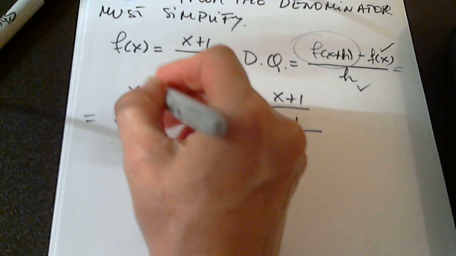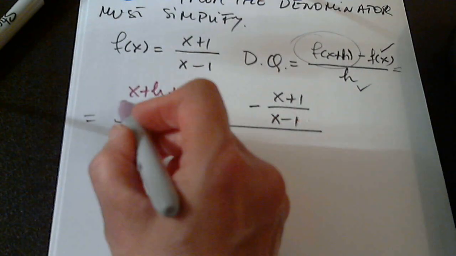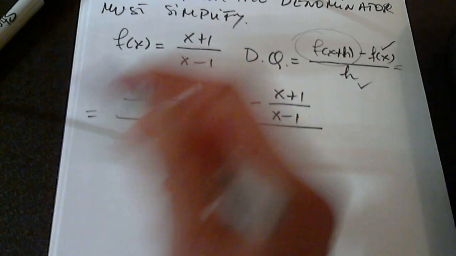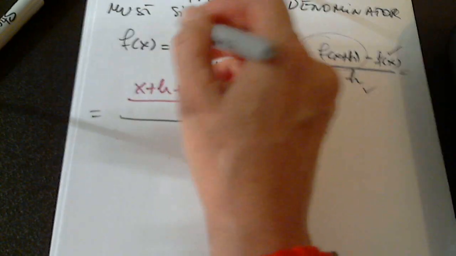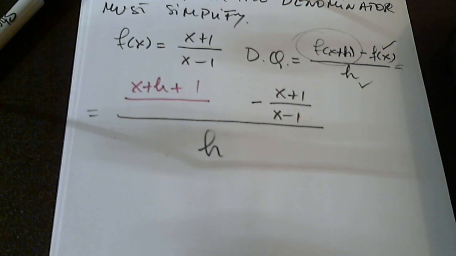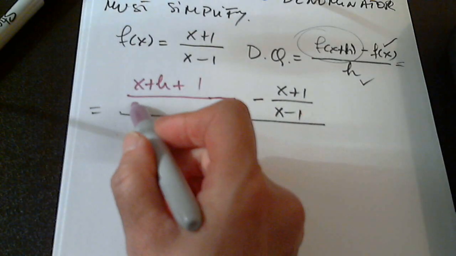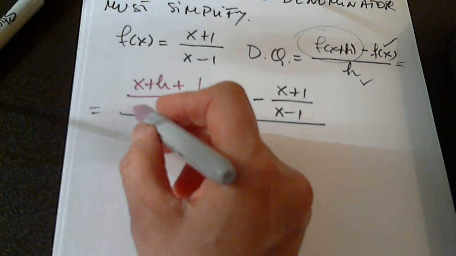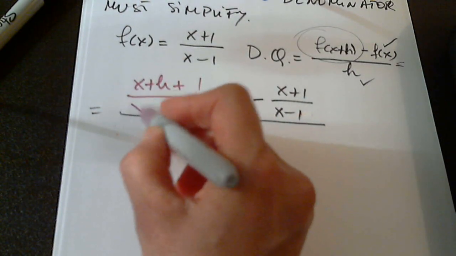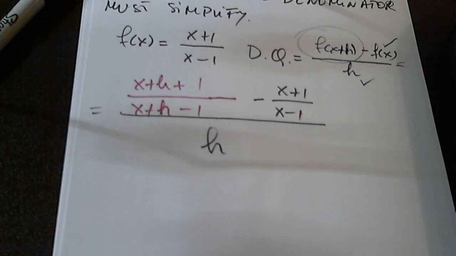So indeed, x plus h plus 1. Excellent. If we do have a 2, or a 5 or whatever, then yes, I would have them. It's not a mistake to put parentheses, though. And the denominator? x plus h minus 1. That's it. Perfect. Awesome. Thank you so much, Marcus.